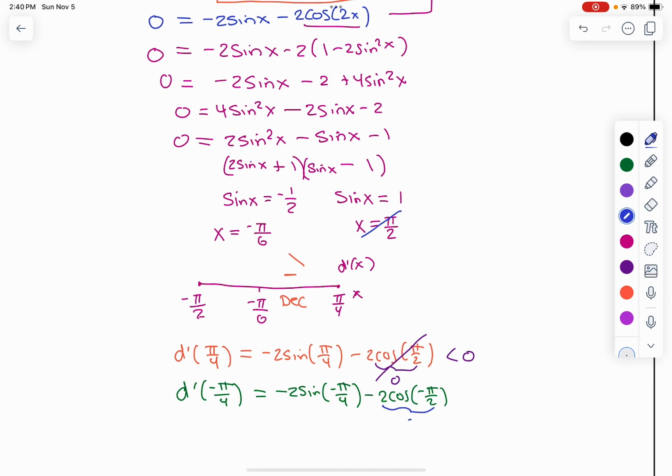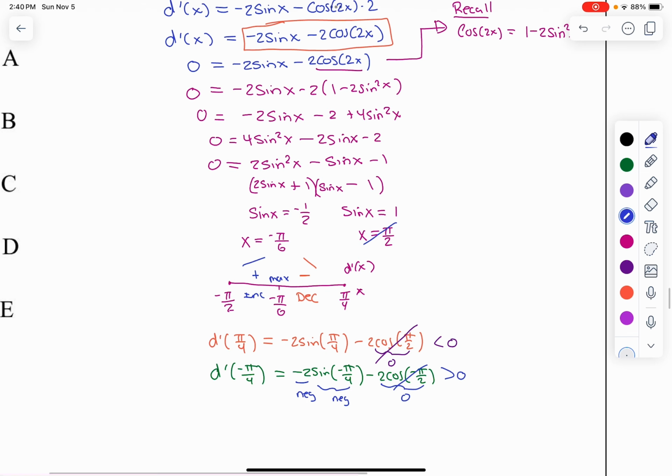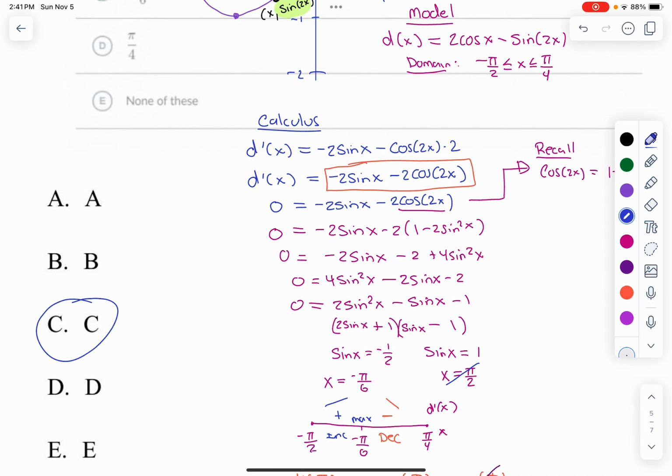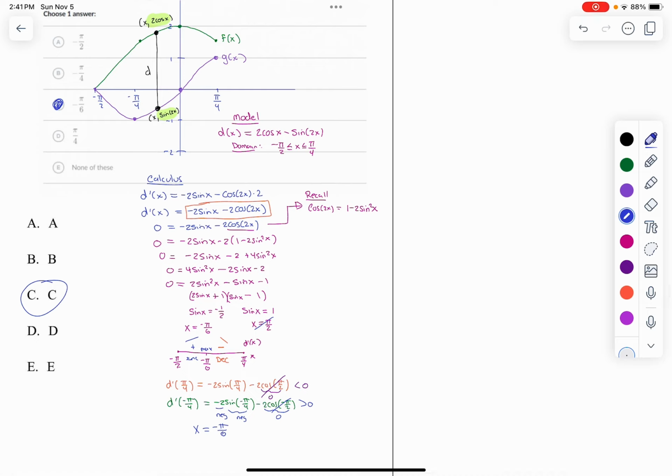So this is a negative, and I have another negative here. So that makes it positive. So it's positive, and that must mean I'm increasing. Okay, so I found a max. And so our coordinate is at x equals negative pi over 6, the argument, and that is letter C. And I'm done with this somewhat trig-heavy problem.